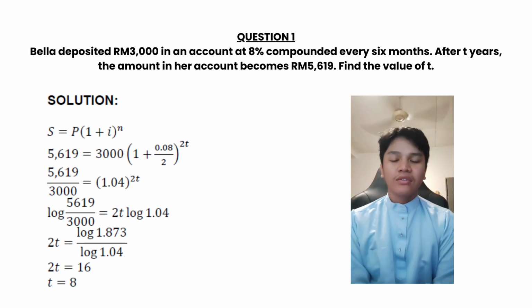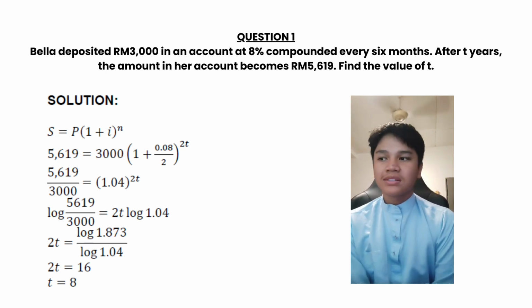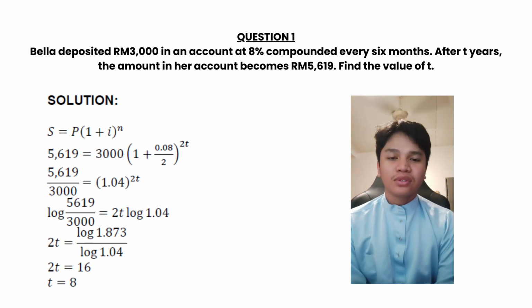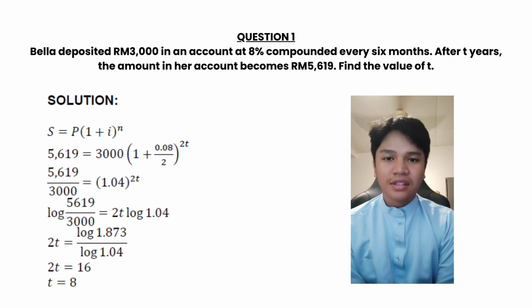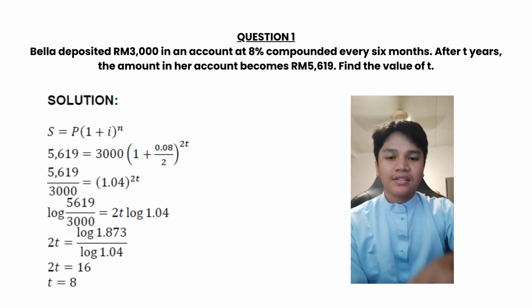Once you have calculated that, 2t will become 16. So 2t equals 16. Then you have to move the 2 to the other side, so t equals 16 over 2. 16 divided by 2, you will get 8. So t equals 8. That's the answer.